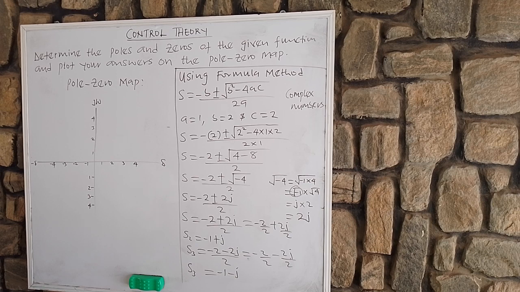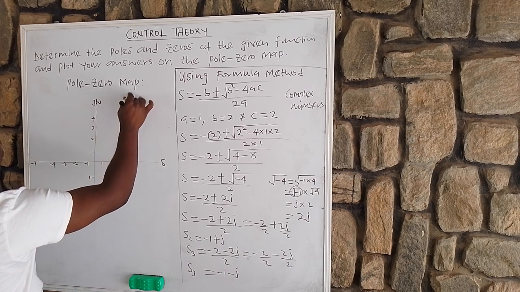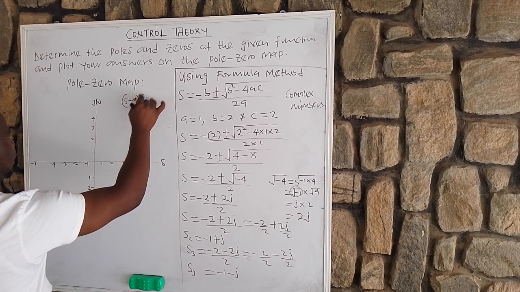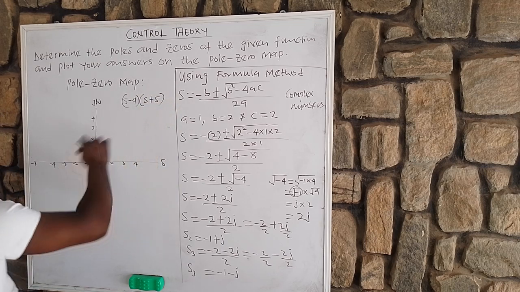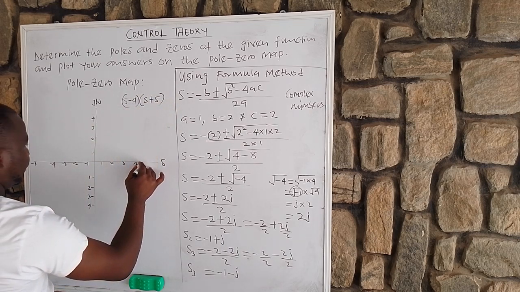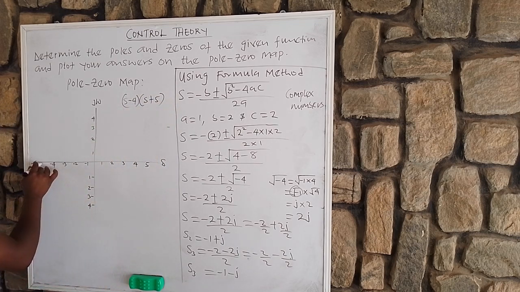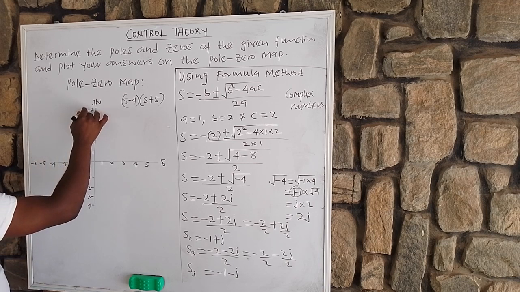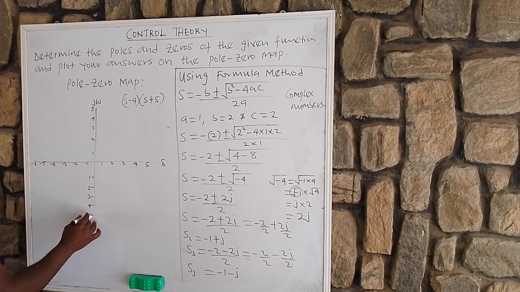I think the zeros are s minus 4 and s plus 5, right? The zeros. Okay, it's up to 5, so 5 and minus 5.